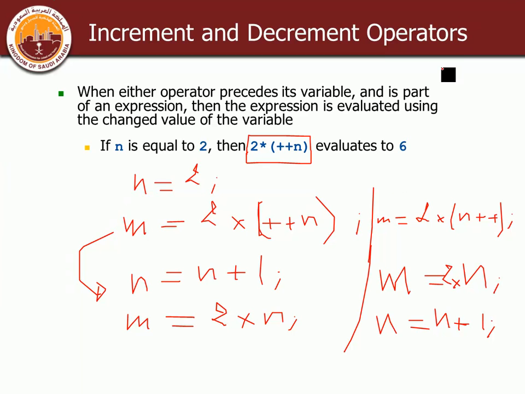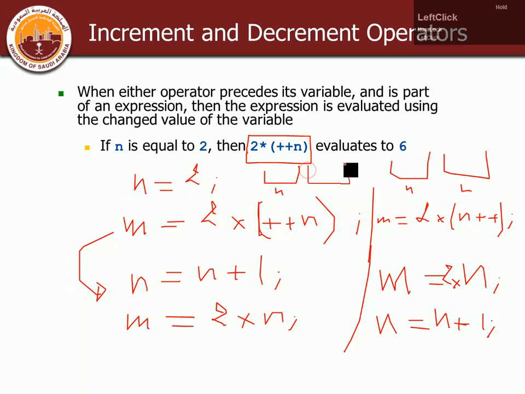For n it is the same, but for m it is different. Let's focus on seeing what would be the result of each one. Let's say this is n, and this is m in this case, and this is n, and this is m. In both cases n is 2. So if I'm executing this with plus plus before, the first thing I do is add 1 to n. So n becomes 3. Why? Because n equals n plus 1: 2 plus 1 is 3.